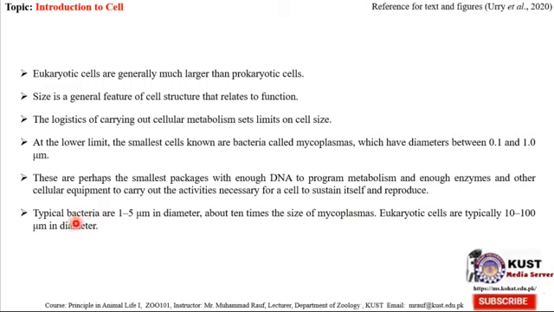And if you compare a eukaryotic cell to that size, it is 10 to 100 micrometers in diameter, so you can say it is about 10 times greater in size than bacterial cells.